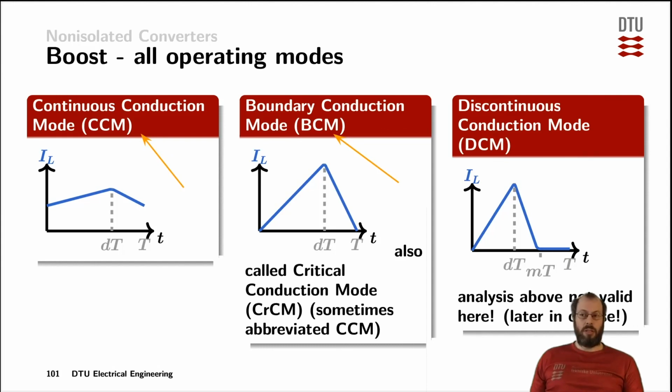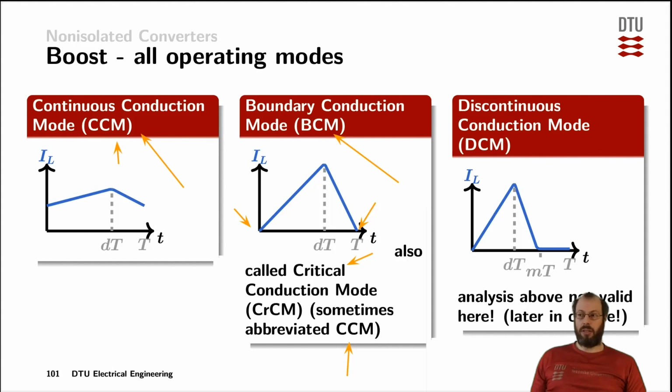Sometimes you would also see this one being called the critical conduction mode, and therefore also being very rarely abbreviated as CCM, which can be confusing with the continuous conduction mode over here. Boundary conduction mode means that the inductor current is starting exactly at 0 and reaches exactly the value 0 again at the period time T.